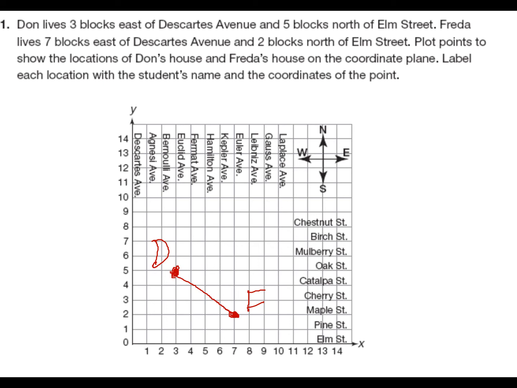So what they're saying on this is to make Bert's house, and Bert, I think he's on another page, but I can't go back and forth. So Bert lives right here at 3, 2. So what we want to do is come straight across from Frida and stop at Bert and go straight up to Don's house. In other words, sort of like rise and run. Remember how you used to do that idea?